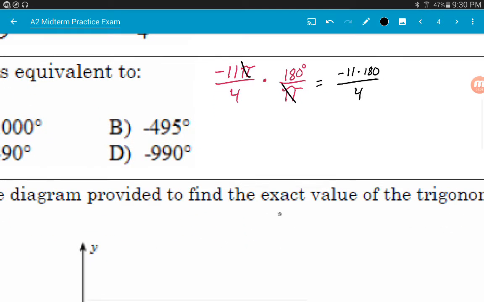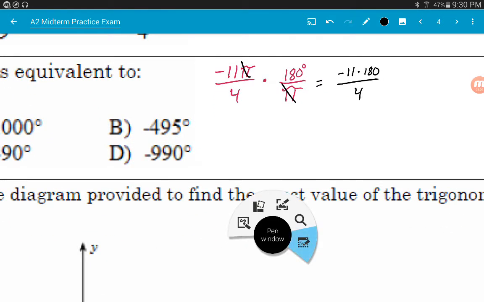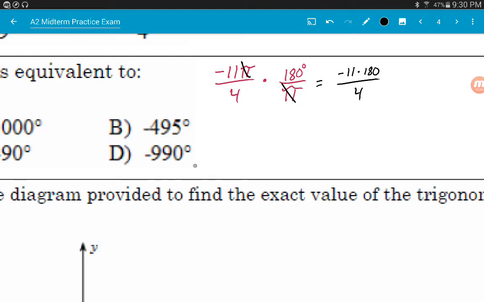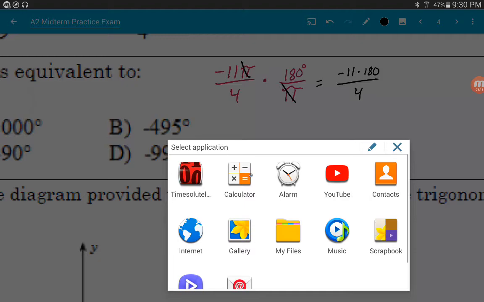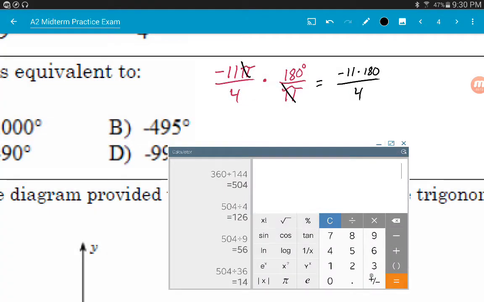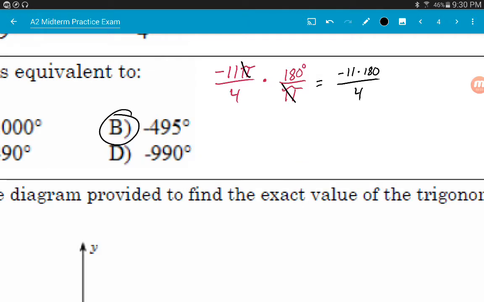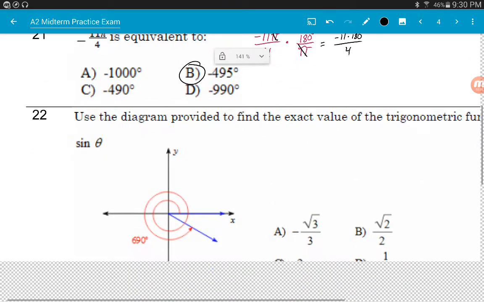I'm going to do that on my calculator, just because better safe than sorry. Times 180, and then divided by 4 is equal to negative 495 degrees, which is choice B.